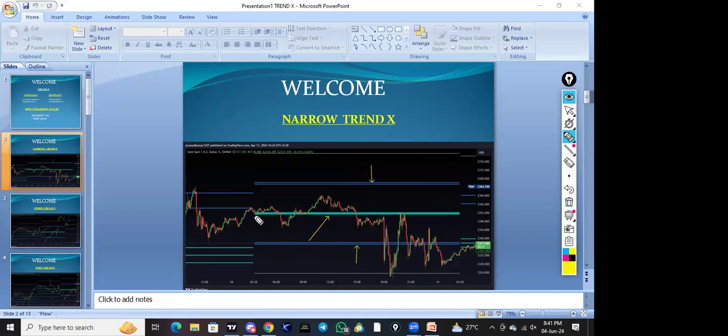When you see this on the first day in the morning, you should understand that the market will be volatile today, and we are taking the trades according to the trend. What is the trend? Weekly Trendex. According to that, we are going to take the trades. We are not going to take any against the trend.